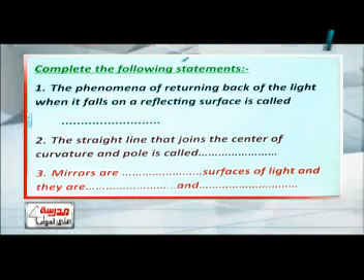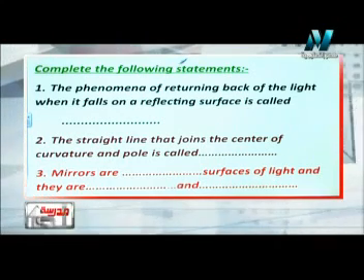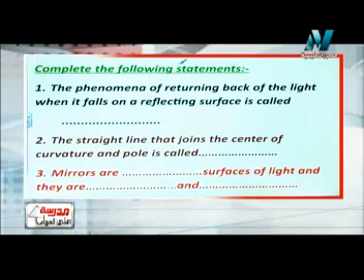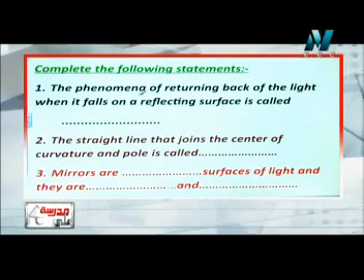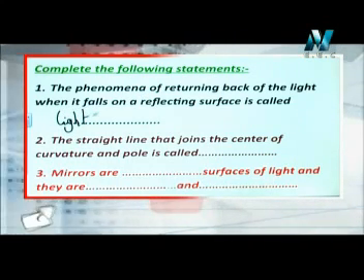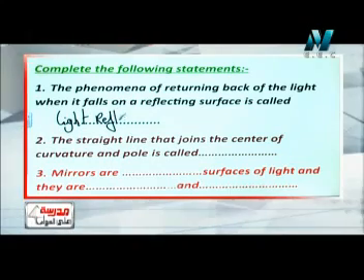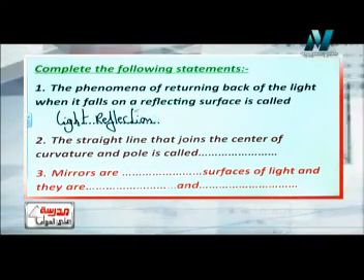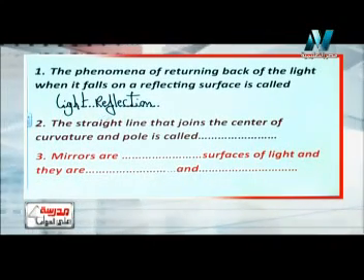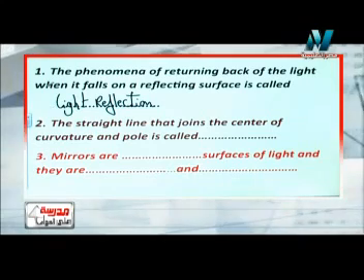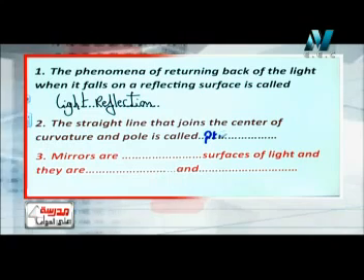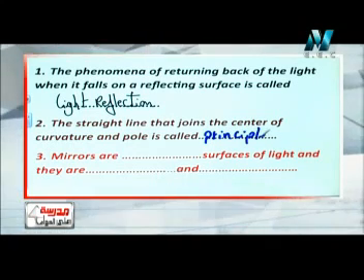As question number 1, complete the following statements. The phenomenon of the light returning back when it falls on a reflecting surface is called what? This phenomenon is called light reflection. The second one, the straight line that joins the center of curvature and the pole of the mirror is called the principal axis.